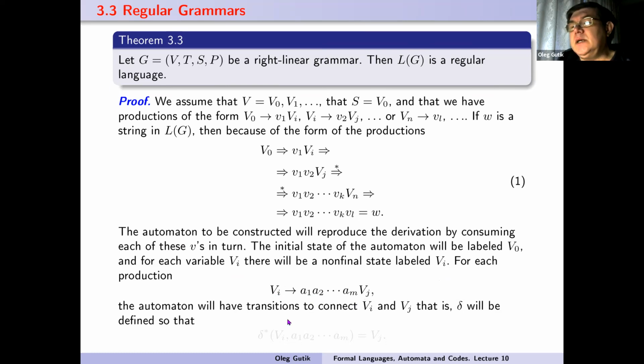the automaton will have a transition from V_i to V_j, but that delta will be defined so that delta star of V_i, a1, a2, so on, am is equal to V_j.